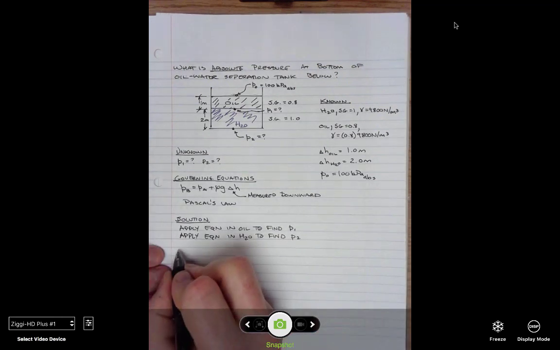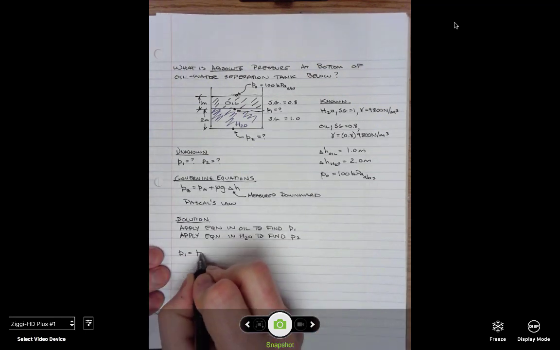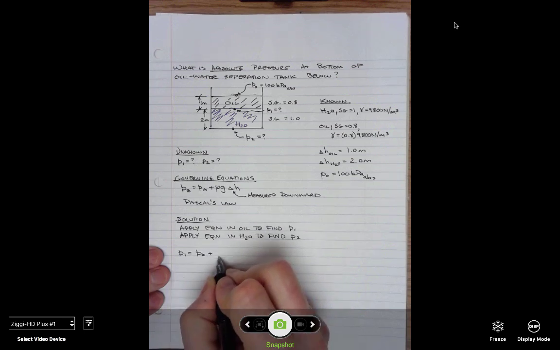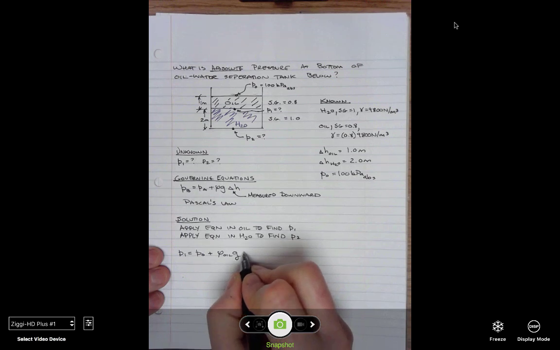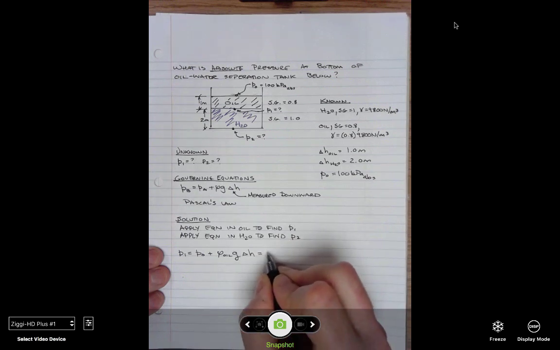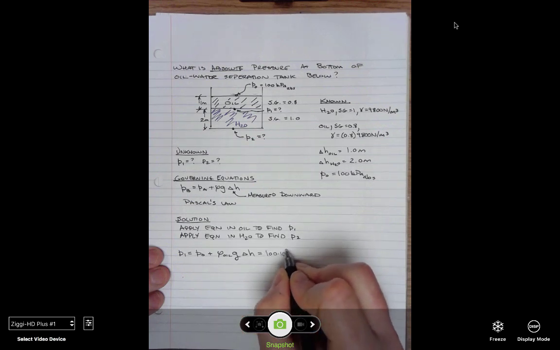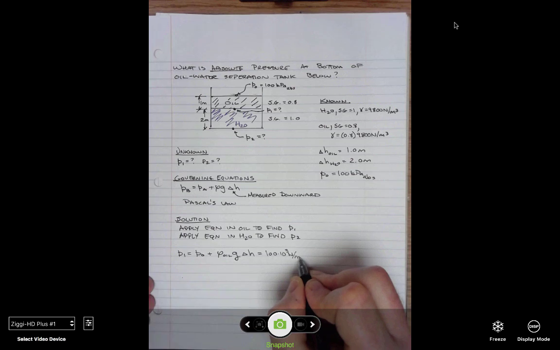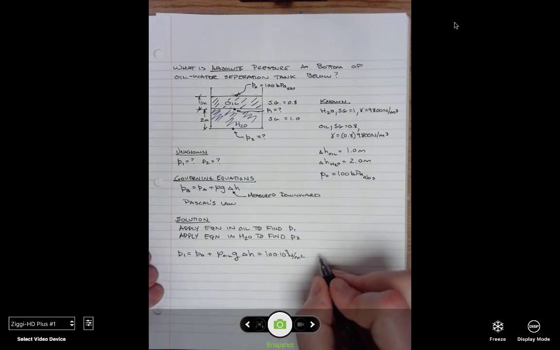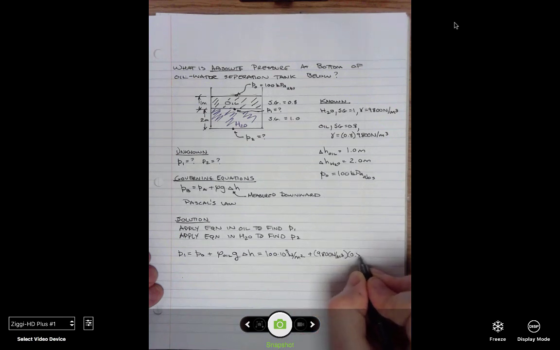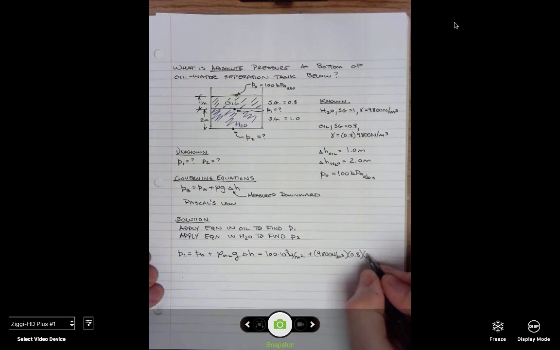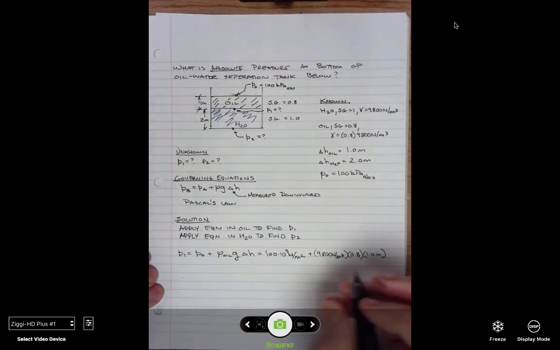Well, let's do that. So P1 equals P0 plus rho oil g delta h. That equals 100 times 10 to the 3 newtons per meter squared. That's our kilopascals. Plus 9,800 newtons per meter cubed times 0.8 because of the specific weight of the oil, times 1.0 meters high.